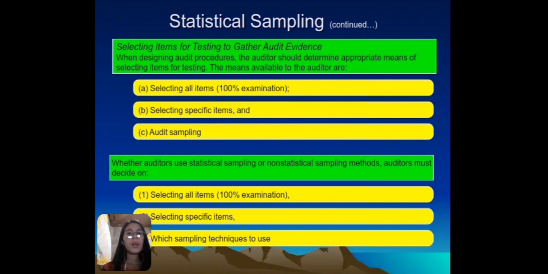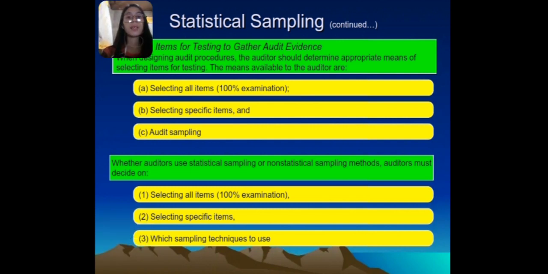Whether auditors use statistical or non-statistical sampling methods, the auditor must decide on selecting all items, selecting specific items, and which sampling technique is used.